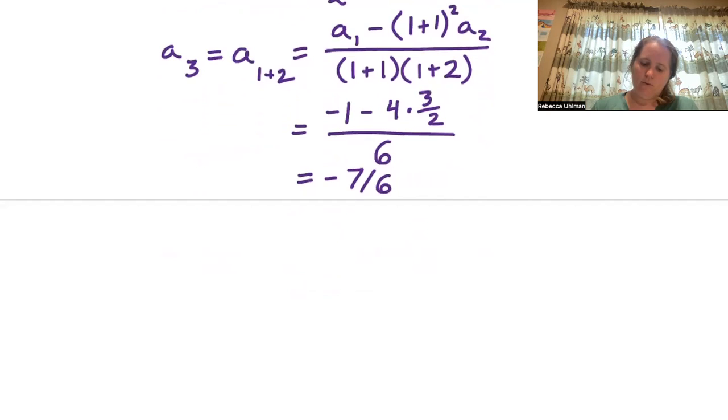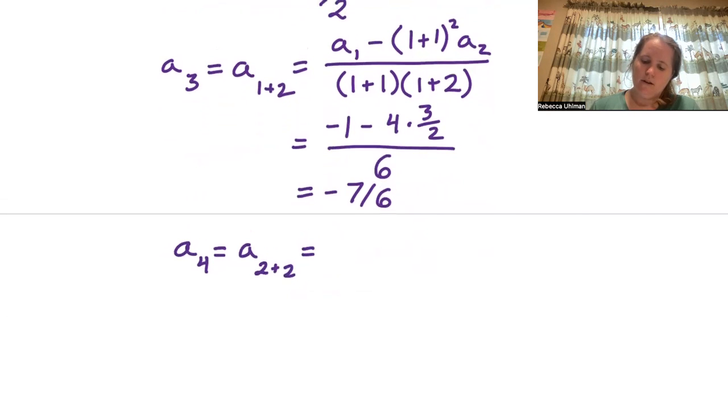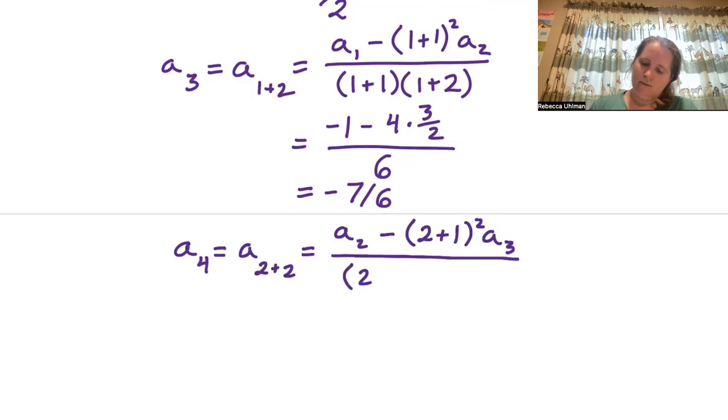To find A4, right, this is a sub 2 plus 2. So we're looking at n equals 2. So this is a sub 2 minus (2 plus 1) squared times a sub 3 divided by (2 plus 1) times (2 plus 2).